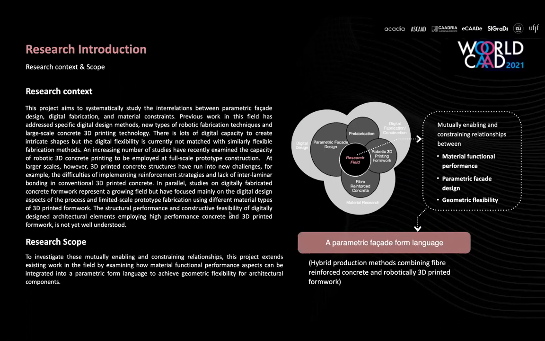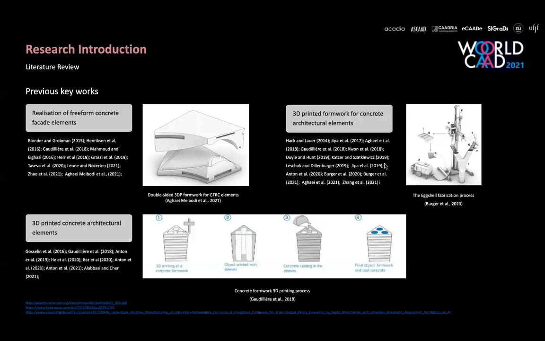The research employed this hybrid approach to develop a parametric facade form language. It examines the mutually enabling and constraining relationships between parametric facade design and material functional performance, as well as the geometry flexibility.